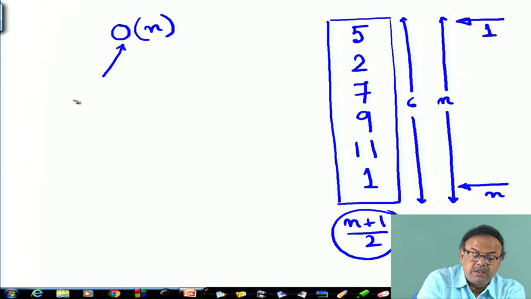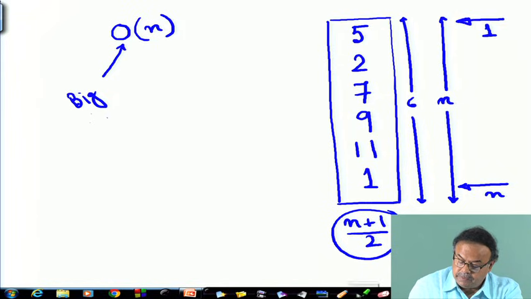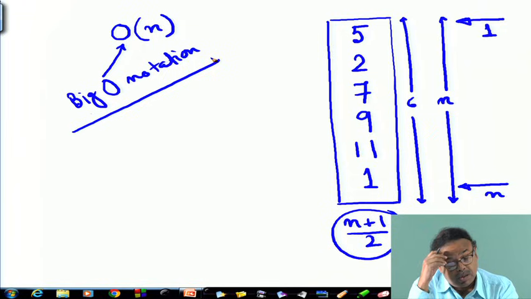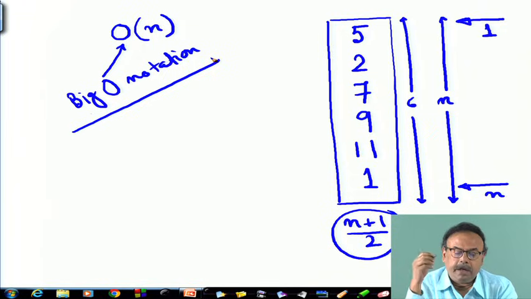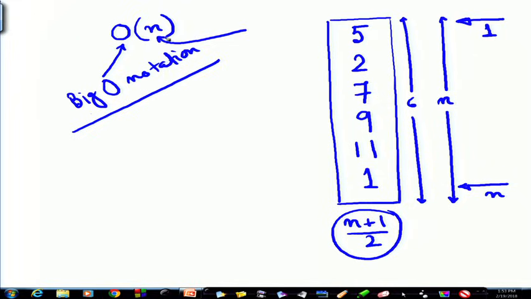This O has a name, called big O. This is called big O notation, where it just denotes how much time a program will take to run in terms of the input size. What is this n?